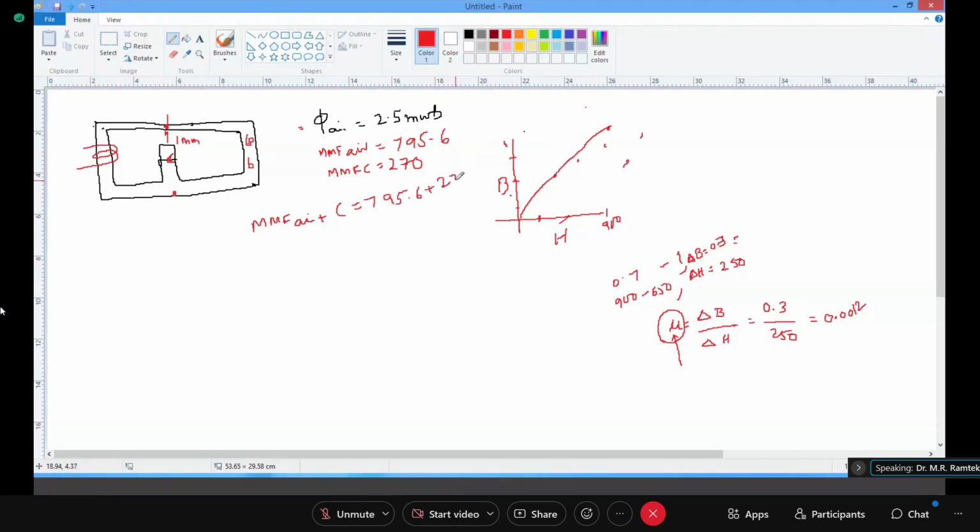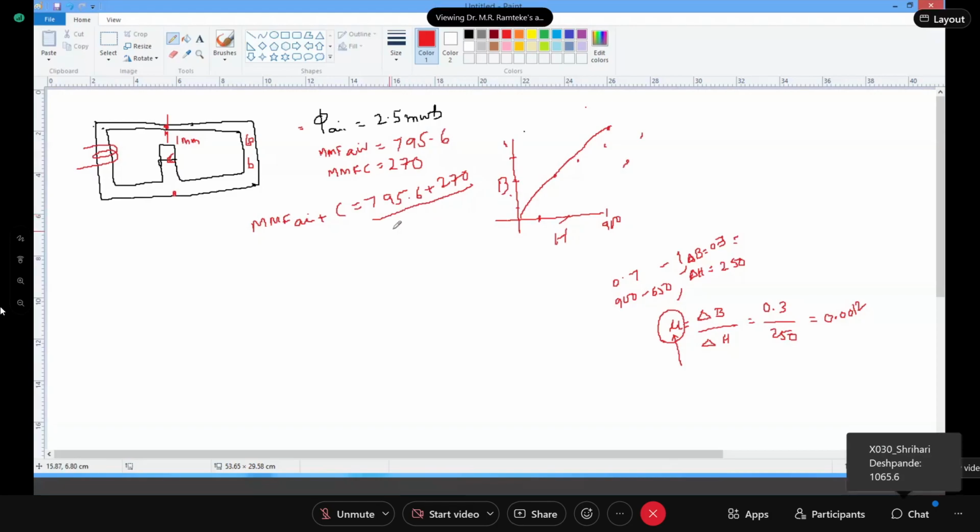This is the MMF. Clear? So approximately it comes out to be 1000.